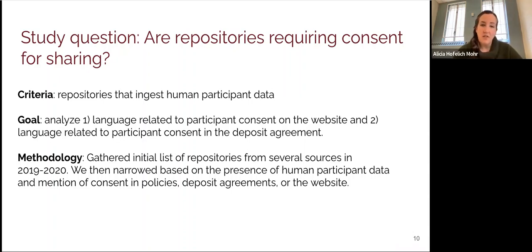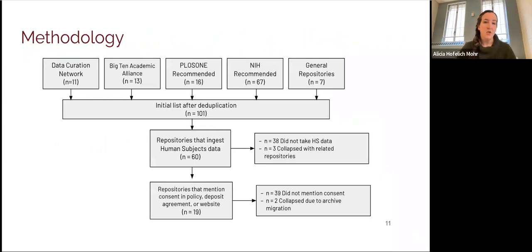So we gathered an initial list of repositories, and this work was done a couple of years ago, 2019 to 2020. And then we narrowed based on the presence of human data and also mention of consent on their website or deposit agreements.